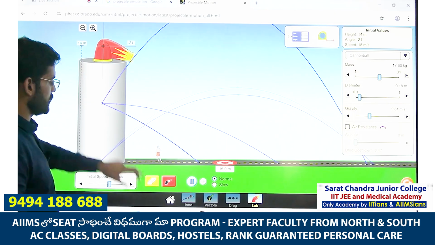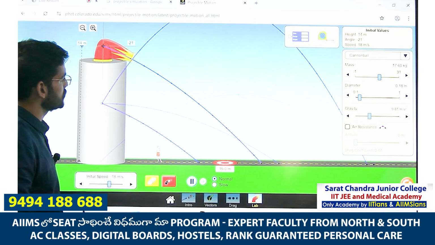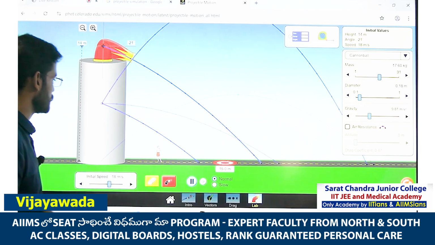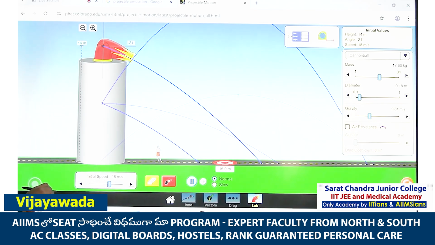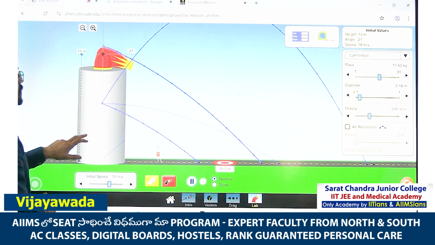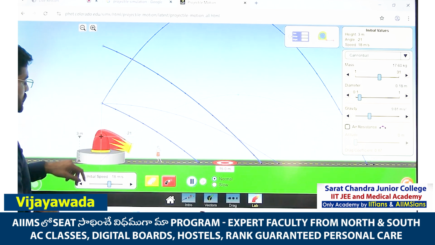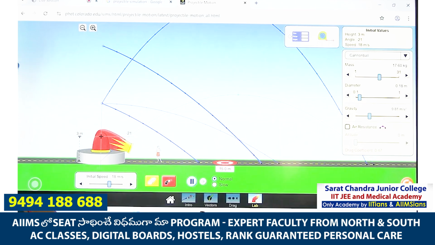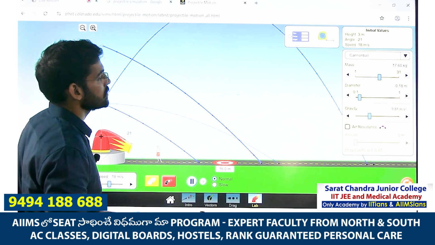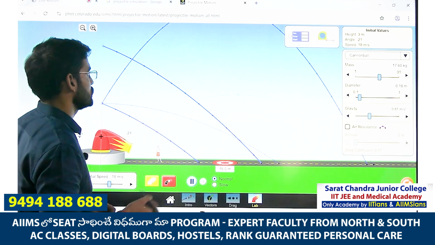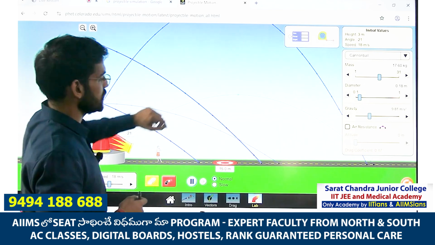If you see it from here, it will look like a projectile. A straight line it is not. Okay, got it? These are all projectiles. That's it. What else? There is nothing else. Air resistance we will see later on.